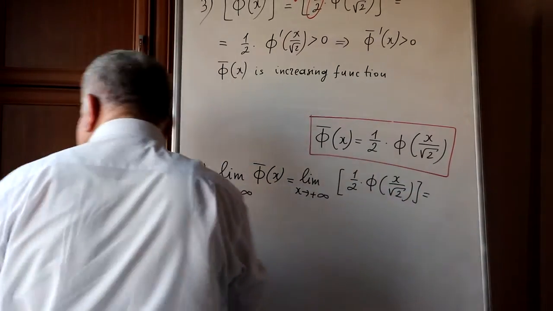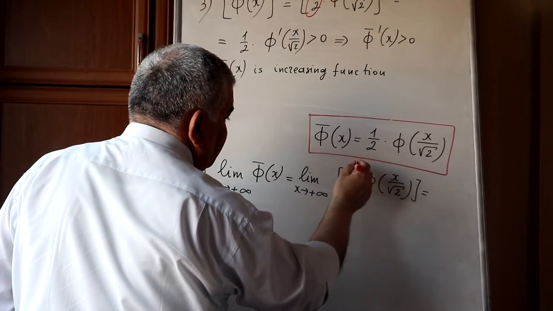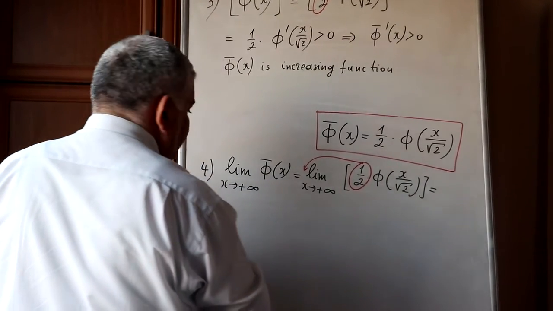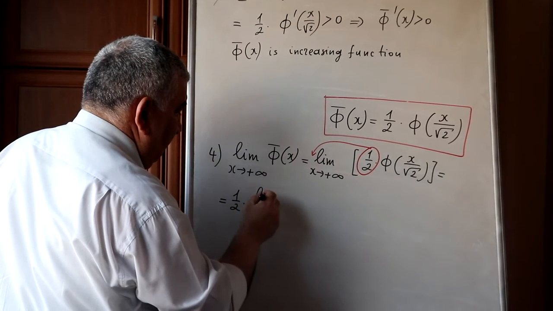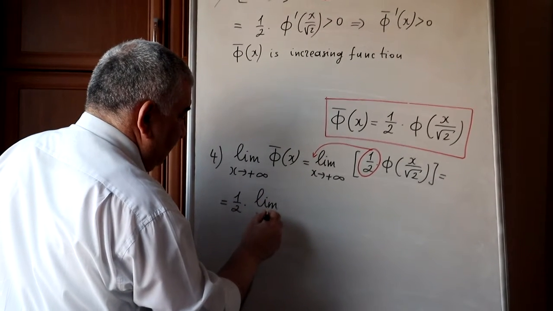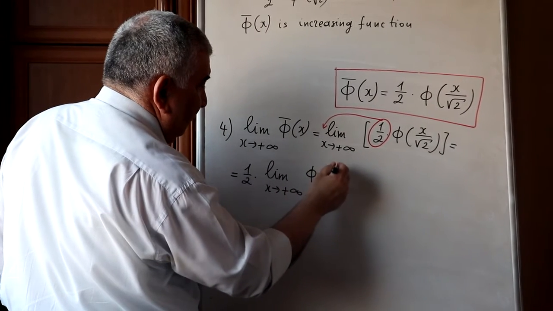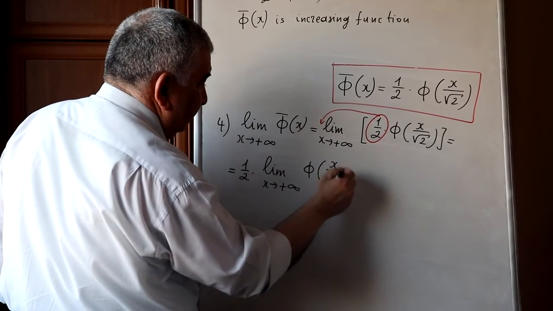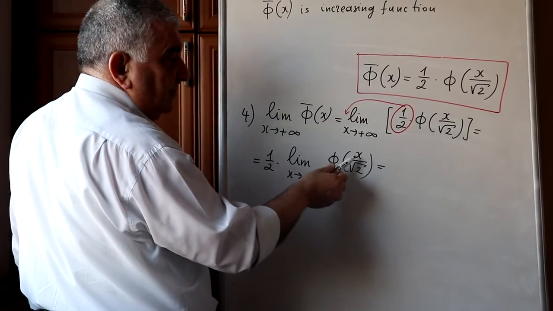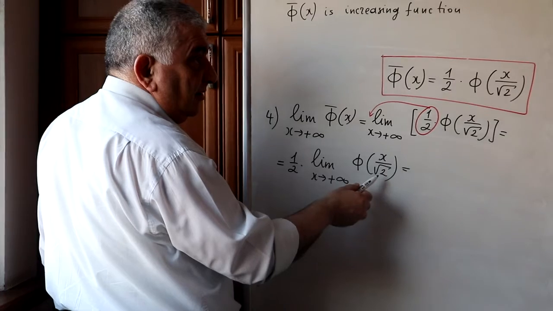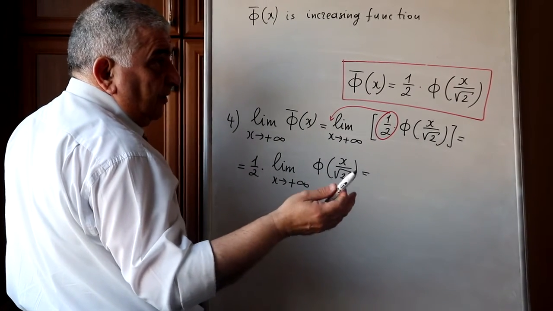Here 1 second is a constant factor which can be taken out of the limit symbol. 1 second multiplied by the limit when x tends to plus infinity of phi of x over square root of 2. If we substitute plus infinity instead of x, we will obtain plus infinity divided by square root of 2, and it will be plus infinity.